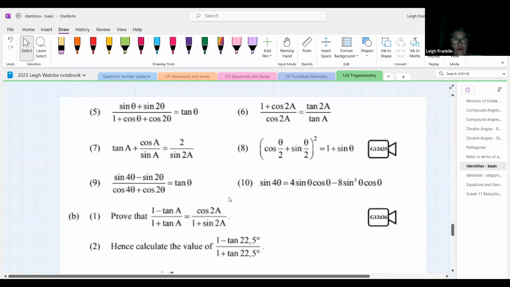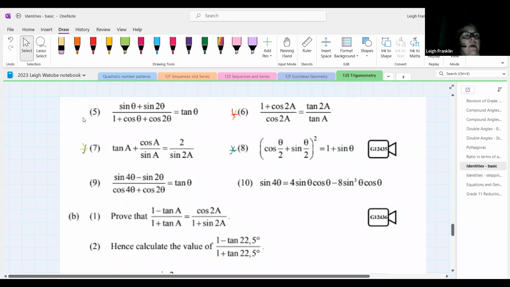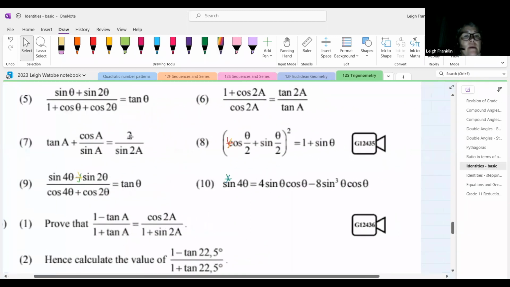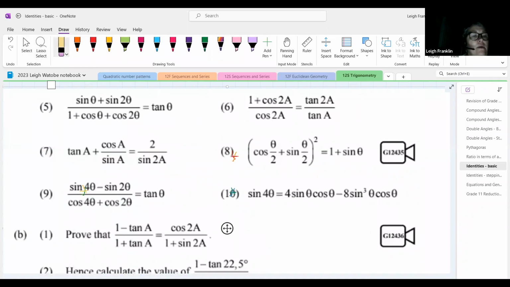If I was you, I would look at question 6, question 7, question 8. You can do question 5 as well if you want to. Let's just make that a little bit bigger. So if you want extra practice, question 6, question 7, question 8. These are slightly more difficult questions.